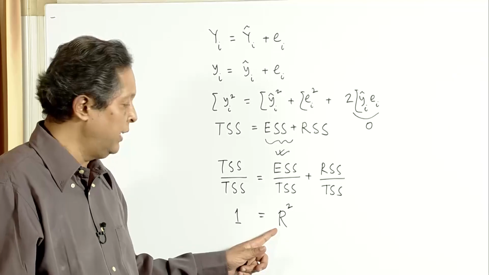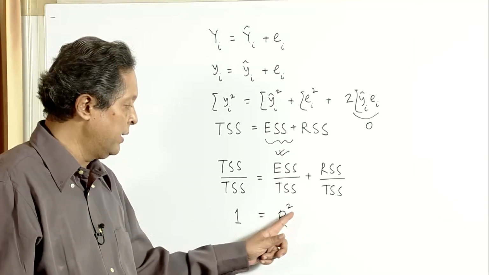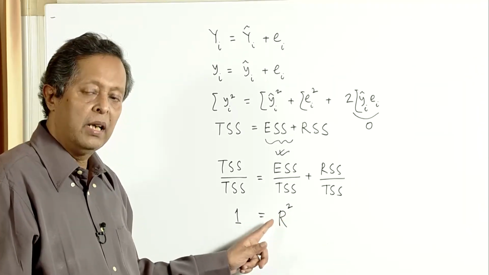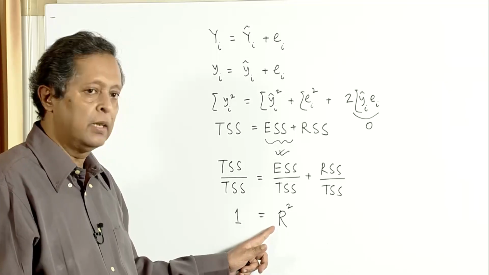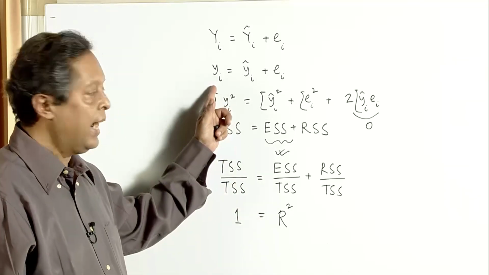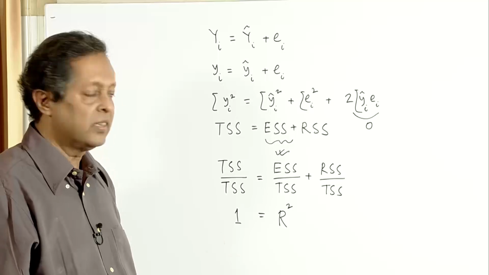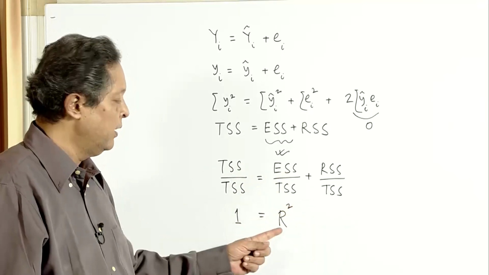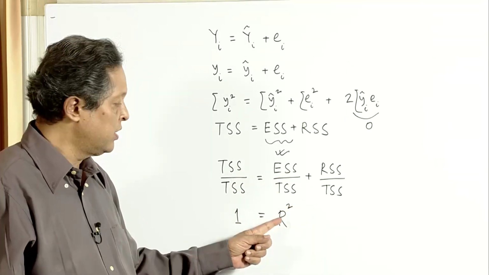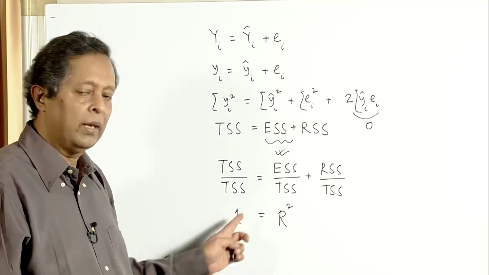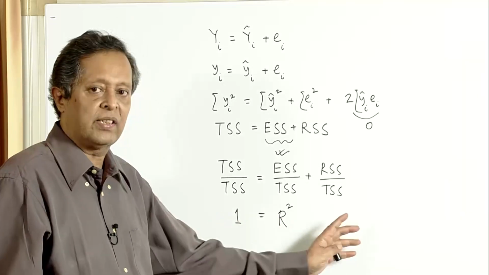The notation is capital R square. Capital R is the multiple correlation coefficient between yi and all the explanatory variables, the set of xi's taken at the same time. So, it is the correlation between y on one hand and all the set of x's on the other hand.